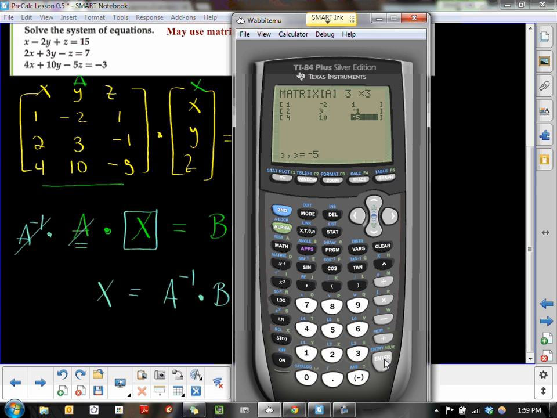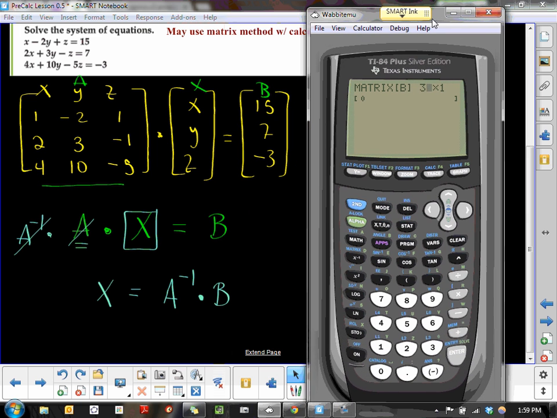We also have to load in our values into matrix B. So I'm going to go back and go second, matrix. This time I want to edit a matrix B, so I'm going to go down and select it and edit. I got to go to edit first, then matrix B. Now this matrix is 3 rows and only 1 column, so I need to make that a 3 by 1, and I got to slide that over a little bit.